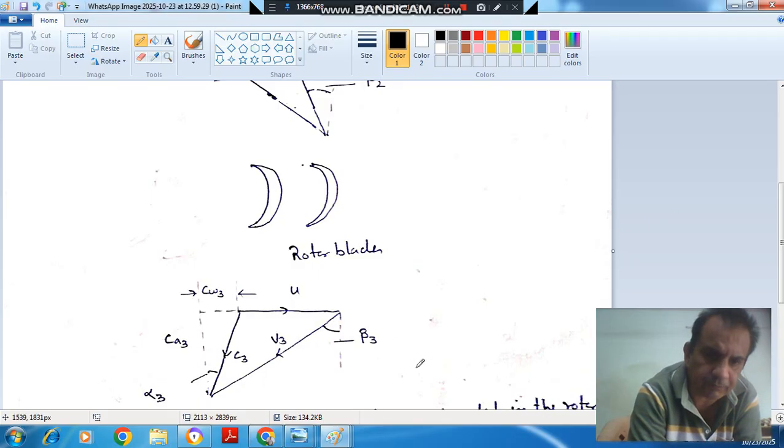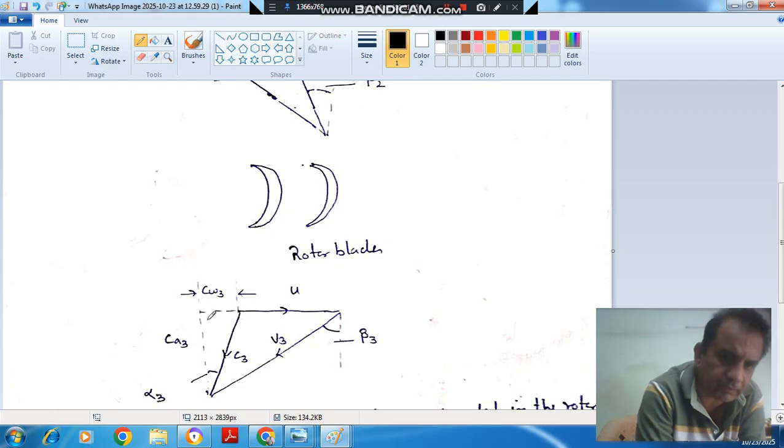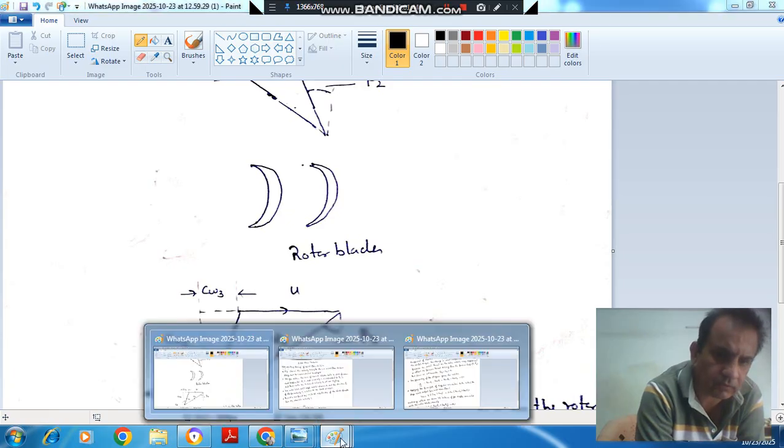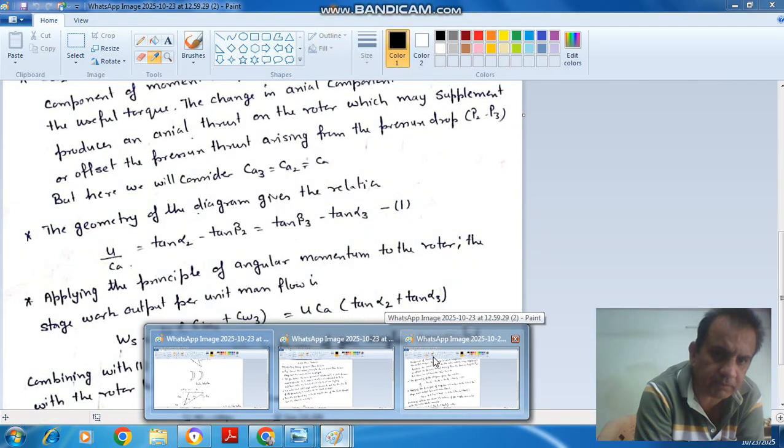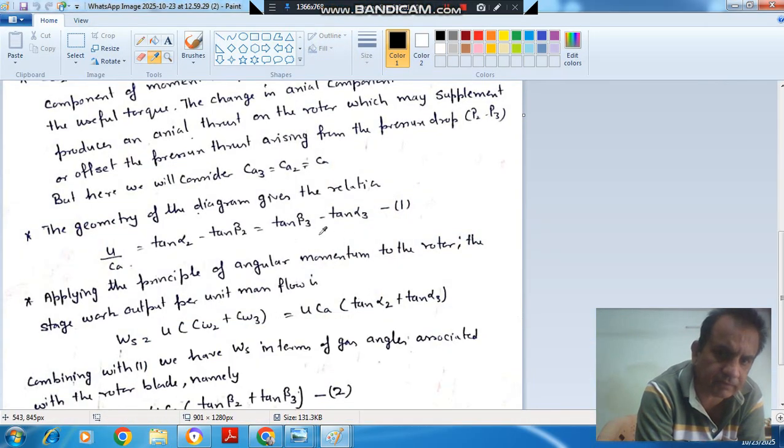So then from the outlet velocity diagram we'll have (U plus CW3) by CA3 equal to tangent beta 3, and CW3 by CA3 equal to tangent alpha 3. Or then we will have tangent beta 3 minus tangent alpha 3.